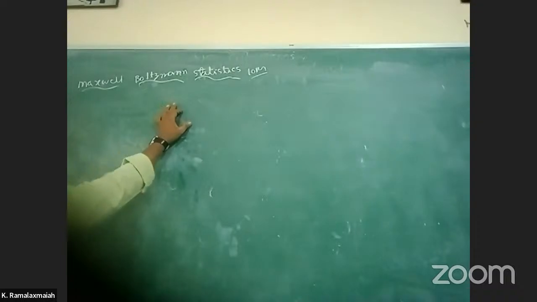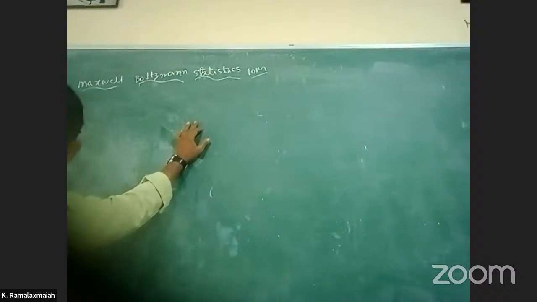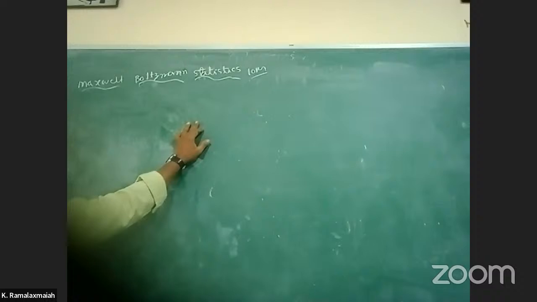Basically two types of particles. One is identical and distinguishable. Second one is identical and indistinguishable particles. So that is two types of particles.